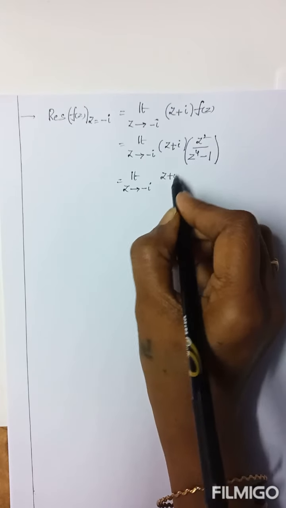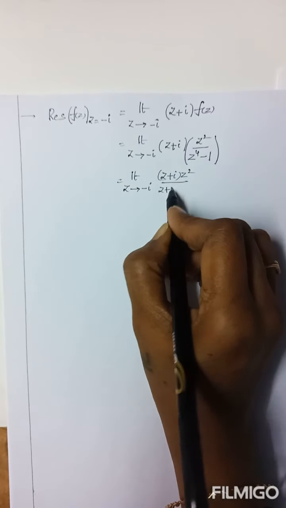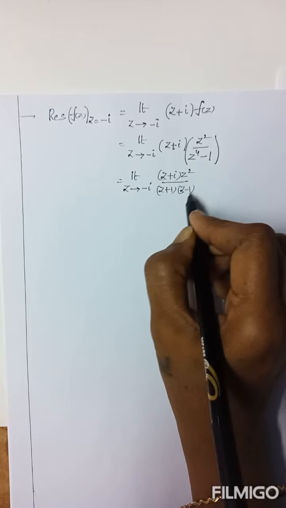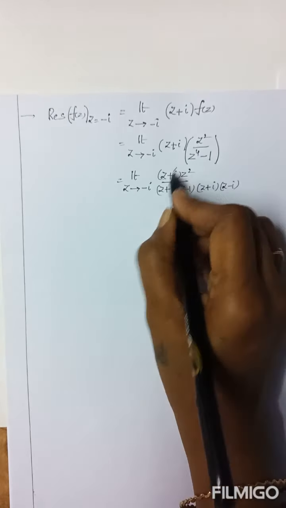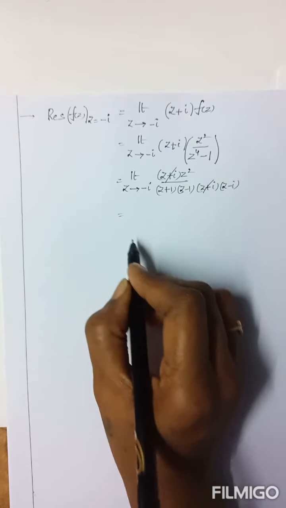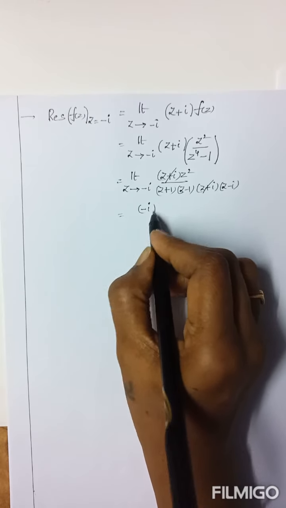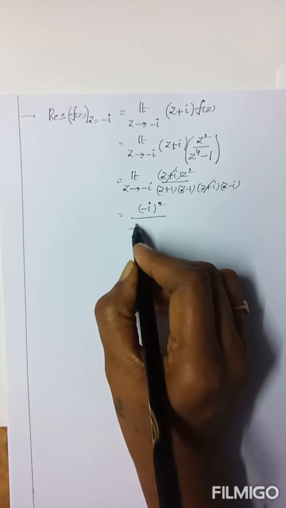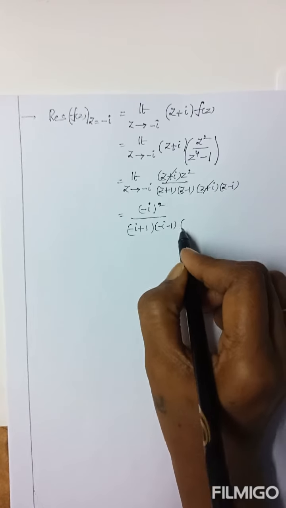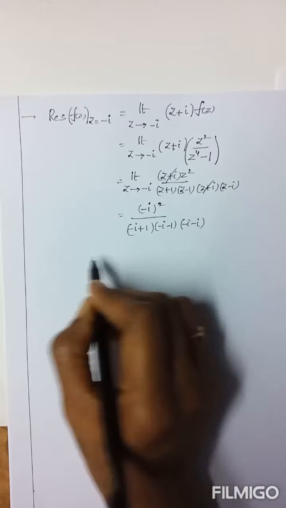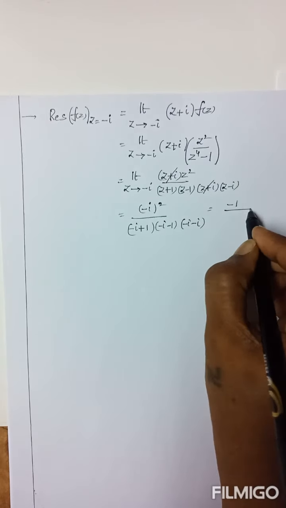So the denominator can be expanded as (z plus 1)(z minus 1)(z plus i)(z minus i), and the z plus i cancels. Now substitute z equal to minus i: minus i whole square by (minus i plus 1)(minus i minus 1)(minus i minus i). Here it is i square only, and i square is nothing but minus 1.